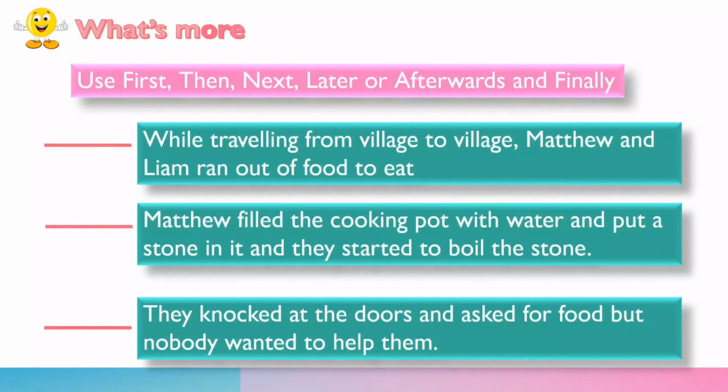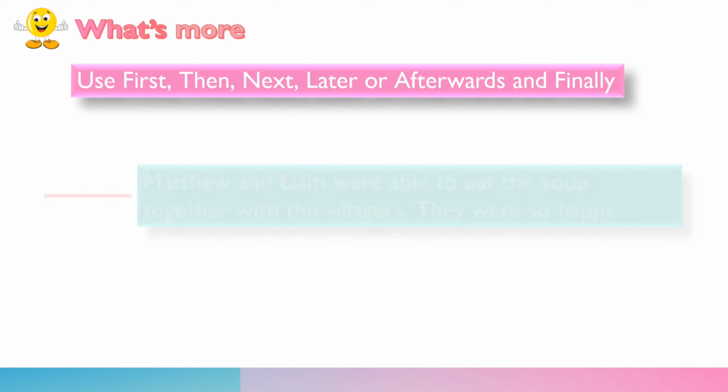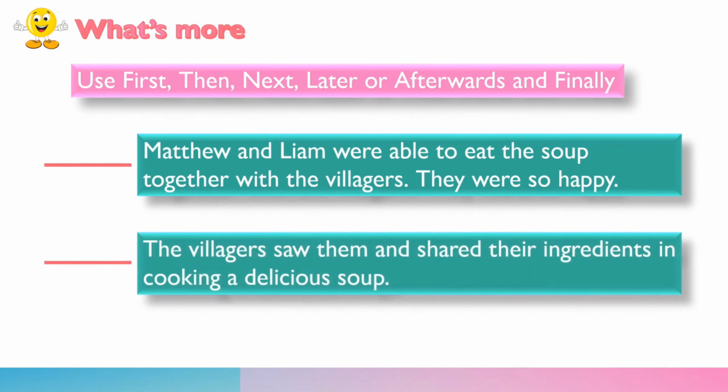Blank, they knocked at the doors and asked for food, but nobody wanted to help them. Blank, Matthew and Liam were able to eat the soup together with the villagers. They were so happy. Blank, the villagers saw them and shared their ingredients in cooking a delicious soup.